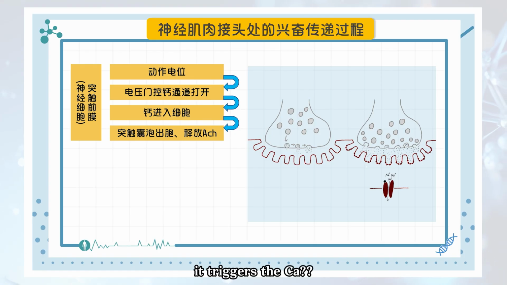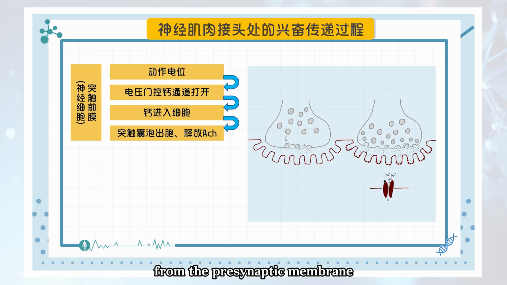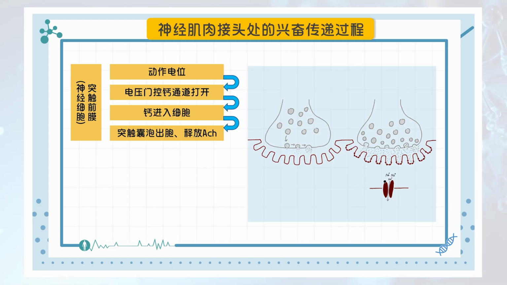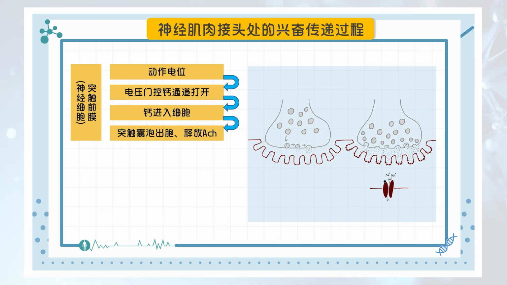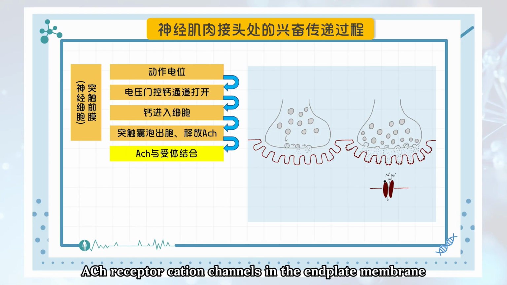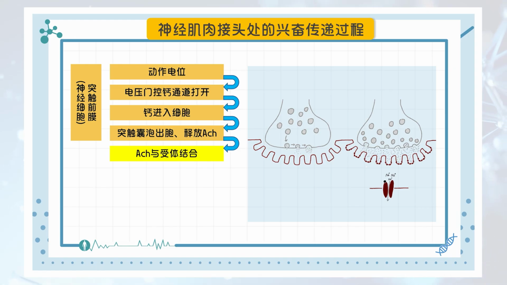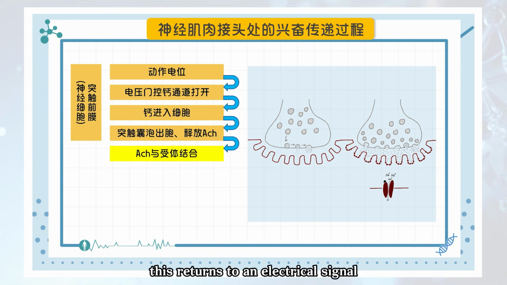It triggers the Ca-dependent exocytosis of synaptic vesicles from the presynaptic membrane, releasing ACh into the synaptic cleft. This is the chemical signal. Then ACh activates the type N ACh receptor cation channels in the end plate membrane, generating a potential change in the end plate membrane. This returns to an electrical signal.